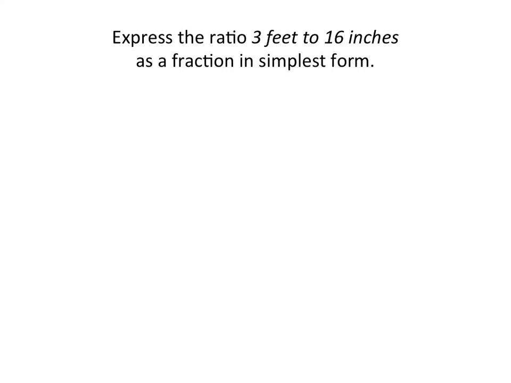Alright, on this slide we have expressed the ratio 3 feet to 16 inches as a fraction in simplest form. We might think we are done right now. We have 3 over 16, or 3 feet over 16 inches, but we have to consider its simplest form, and it's really difficult to simplify this when we have different types of units.